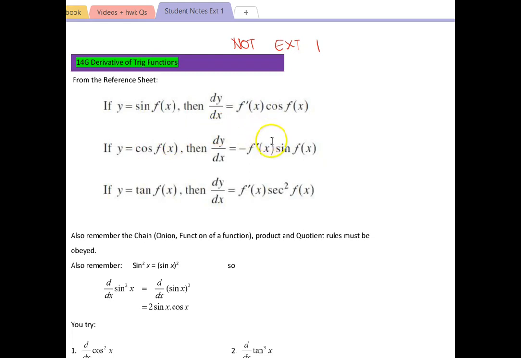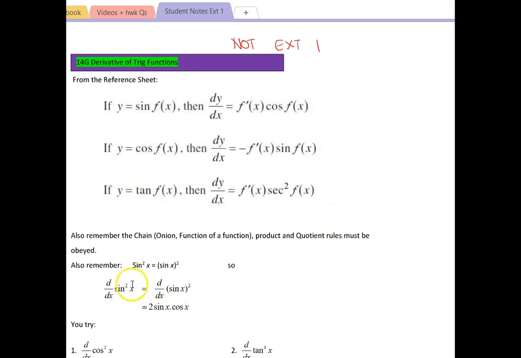Derivative of cos is minus sine, and multiply by any appropriate derivative of the x function. And the derivative of tan is sec squared, multiplying by the derivative of the x function if it's appropriate or needed. All those other rules, the chain rule, the product and the quotient rules, must also be followed.